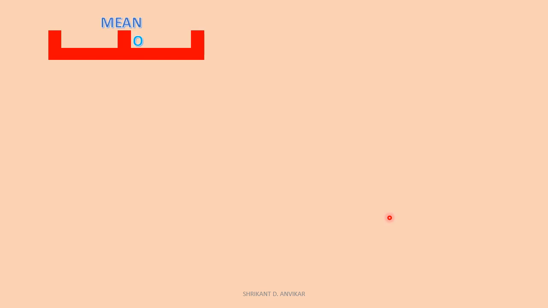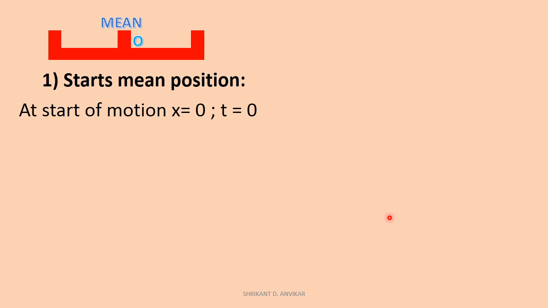Now we calculate the value of alpha, the starting phase or phase constant, when the particle starts its motion from mean position. In SHM, mean position is denoted by O. Let us consider one particle starting its motion from mean position.